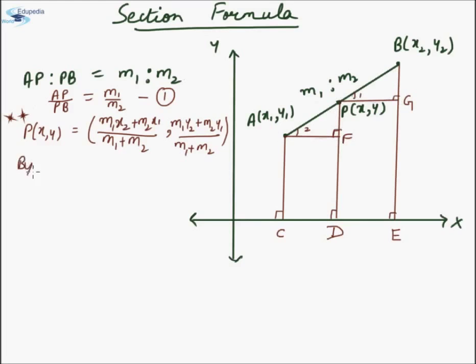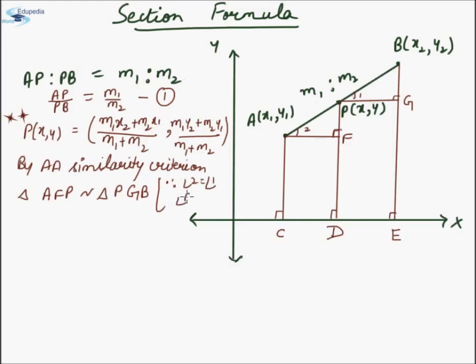So by AA similarity criteria, we can say that triangle AFP is similar to triangle PGB, because angle 2 is equal to angle 1 and angle F is equal to angle G. Since these two triangles are similar, we can say that AF over PG is equal to FP over GB is equal to AP over PB.